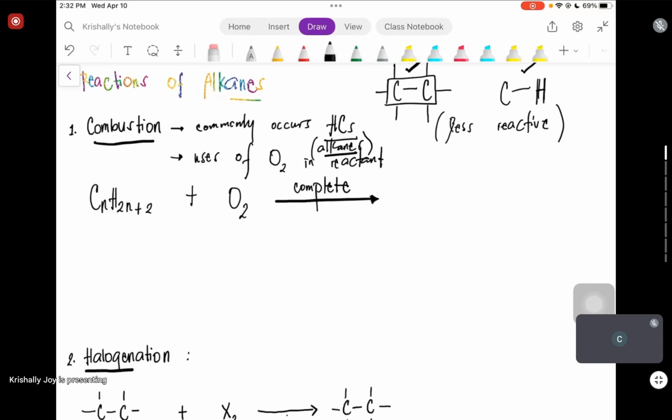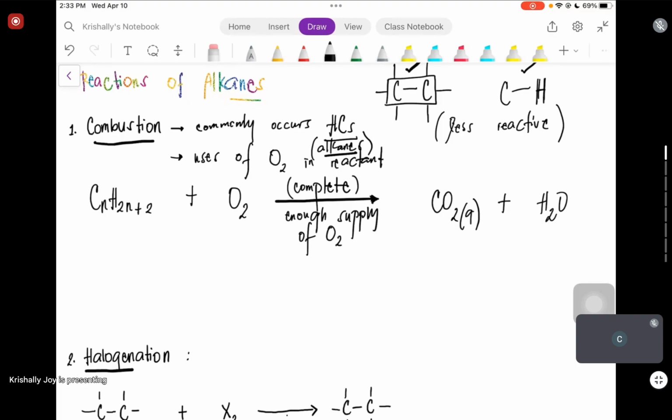If the supply of oxygen is enough, may enough supply sa chemical reaction, sufficient yung supply ng oxygen in the combustion, then that's a complete type of combustion. And the products are the following: carbon dioxide and water.